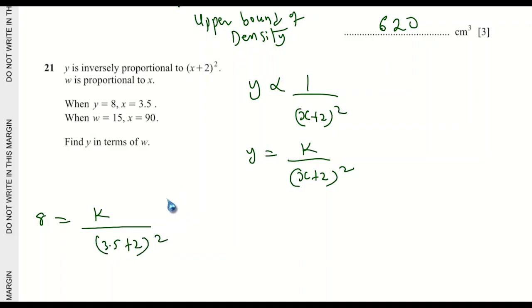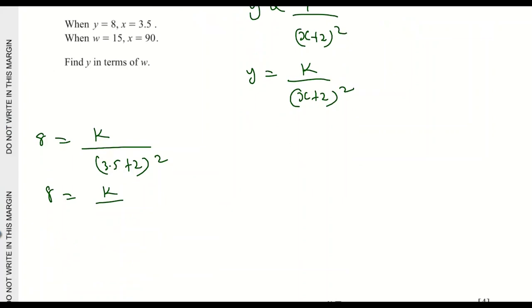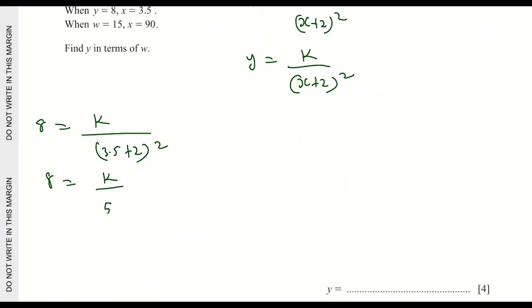So this gives 8 equals k over 5.5 squared. So the value of k equals 8 multiplied by 5.5 squared. So k equals 242.